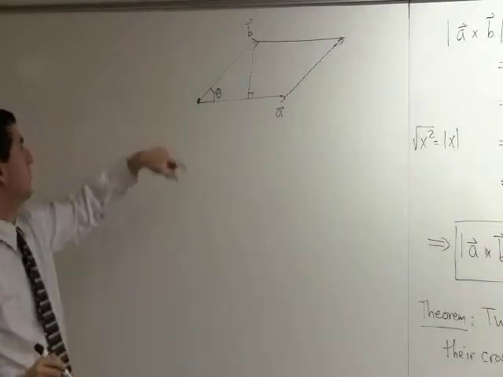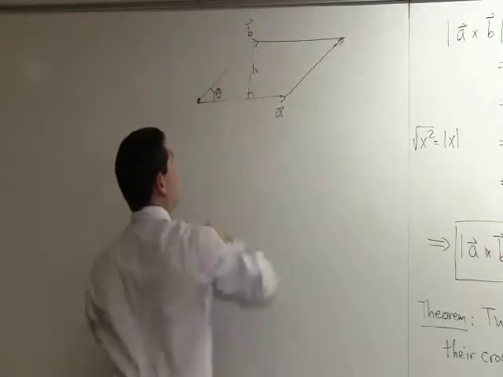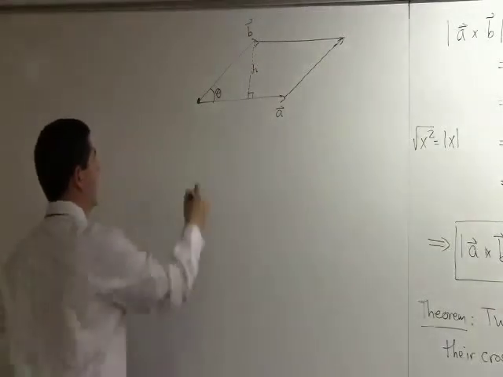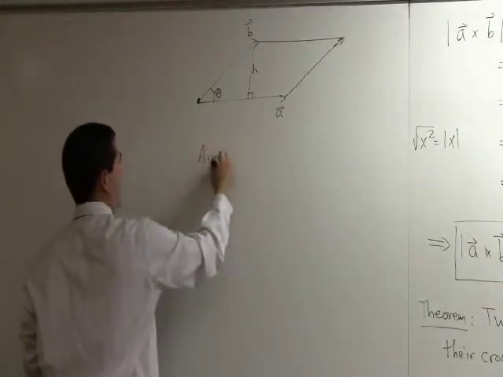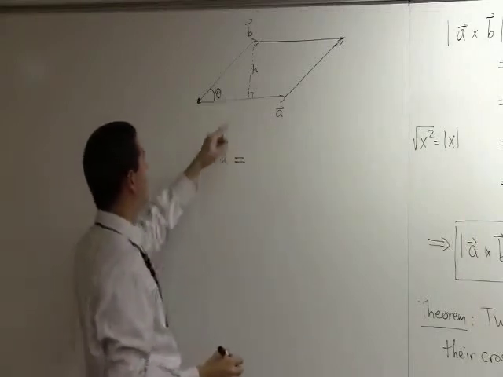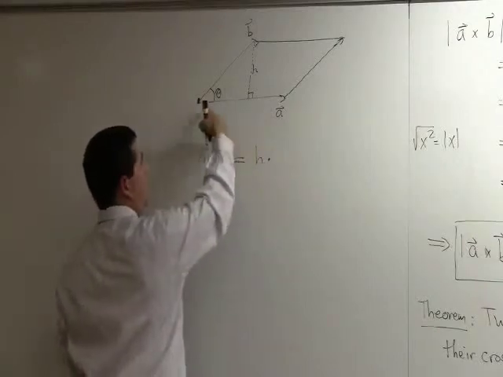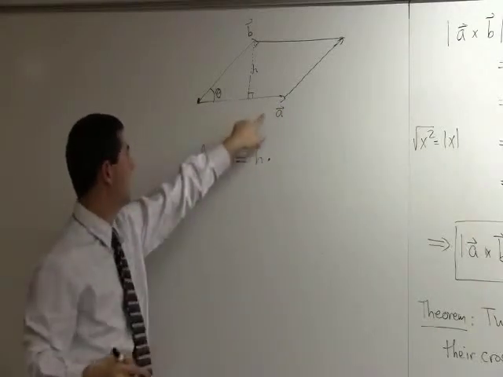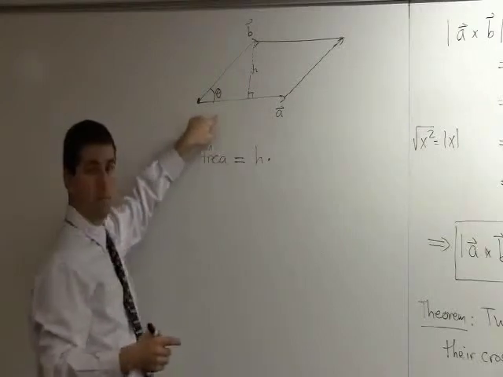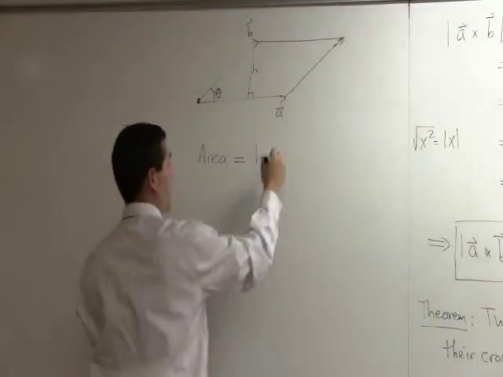You drop an altitude. And that's actually your height right here. So the area equals the height times the base. And what's the base? It's the norm of A, right? The length of A.